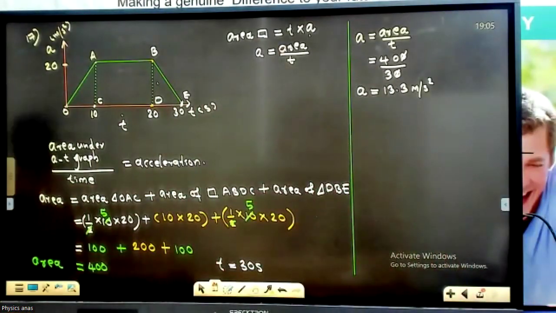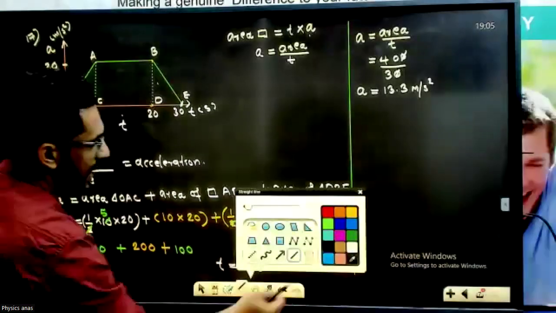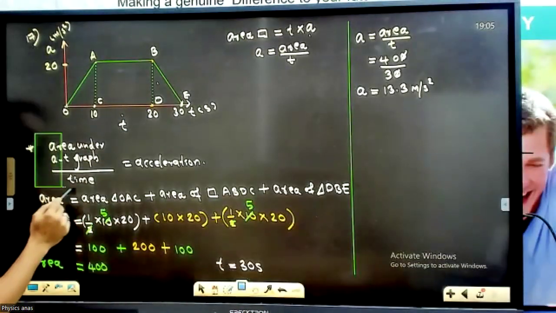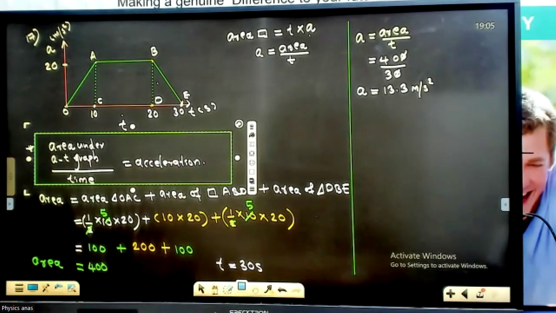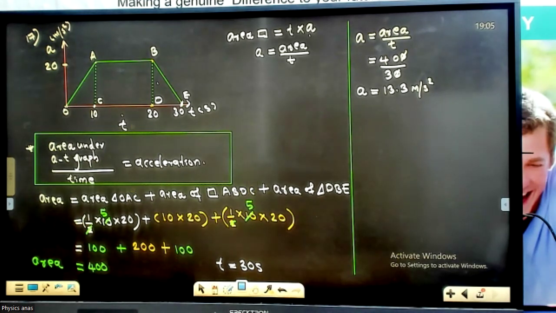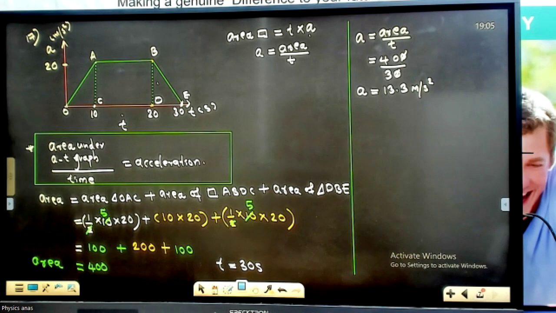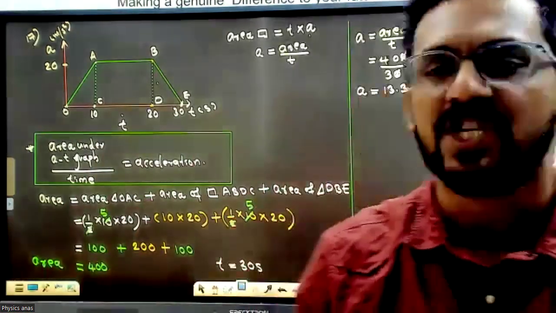How did you get the acceleration? This is the idea: area under the acceleration time graph divided by time is acceleration. So that way you can find the acceleration from the graph.